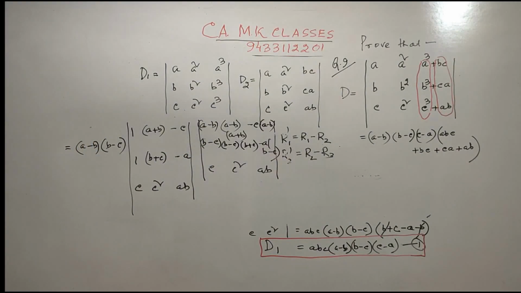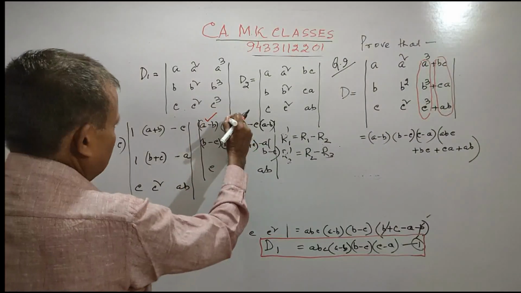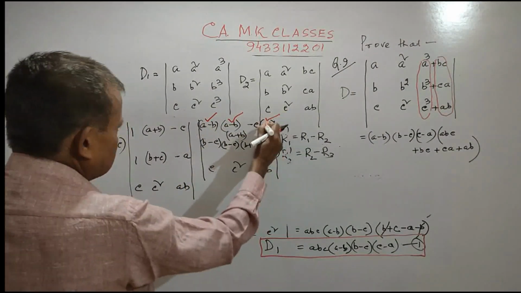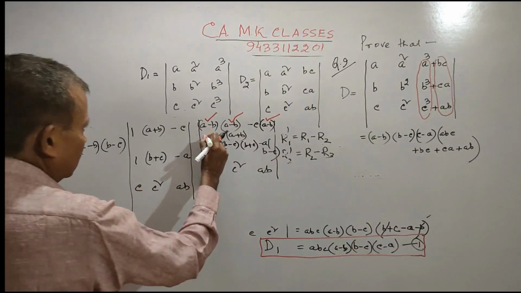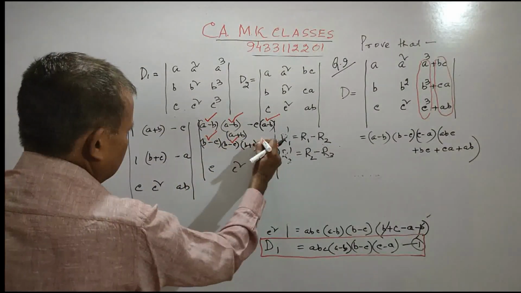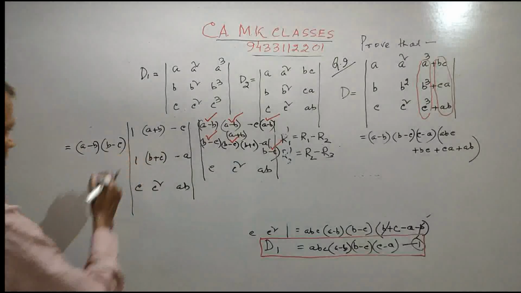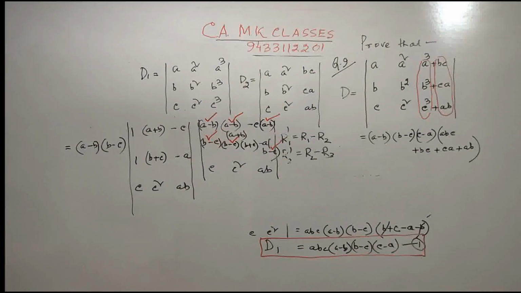This is remaining. So a minus b is common, and b minus c is common, coming out here.